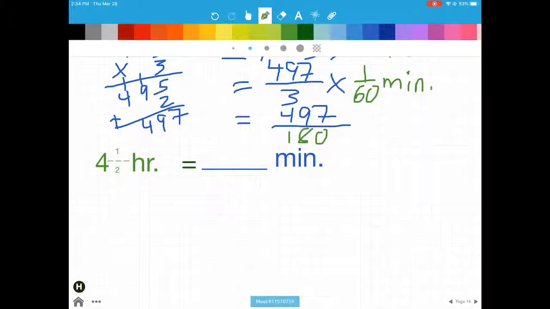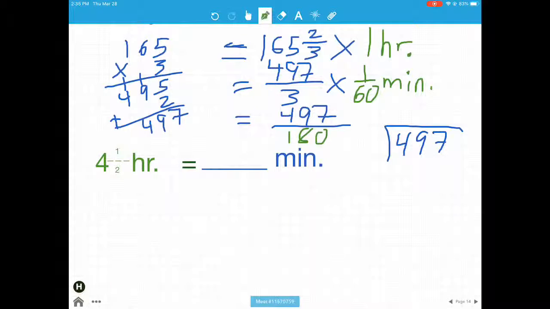Okay, so now we need to divide. And it's a huge number, so I'm going to go ahead and do it really quick. Let's see if I can do it quickly. I know 18 times 2 is 36. 36 plus 18 will give me 54. Is that right? Nope. 18 times 3 will give me 54.